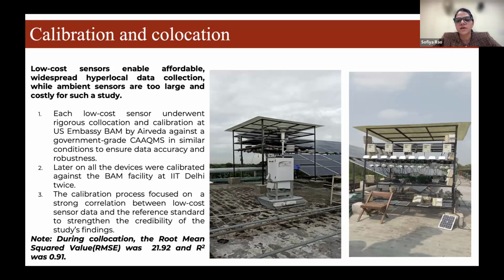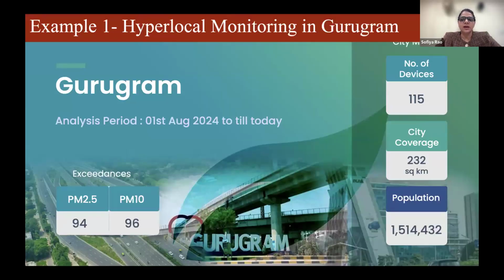And we have a BAM at the rooftop of block 6. And we have specific SOPs which we always fulfill before deploying or designing any network. From here onwards, I'll be showing examples.